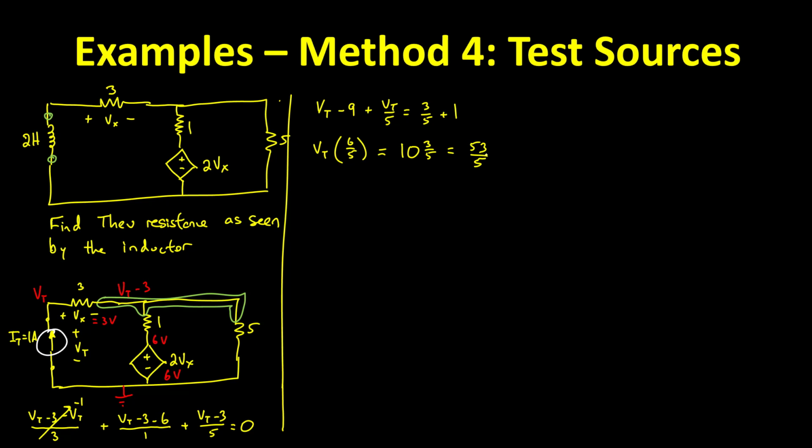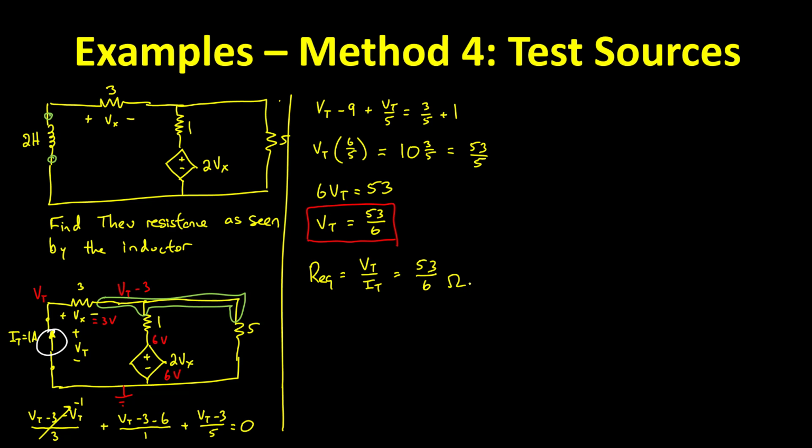So multiplying left and right sides by 5, we get 6 VT equals 53, or VT is equal to 53 over 6 volts. So armed with that, we know that the equivalent resistance is equal to, by Ohm's law, VT over IT. And our VT is 53 over 6, and our IT is 1, so our REQ is 53 over 6.